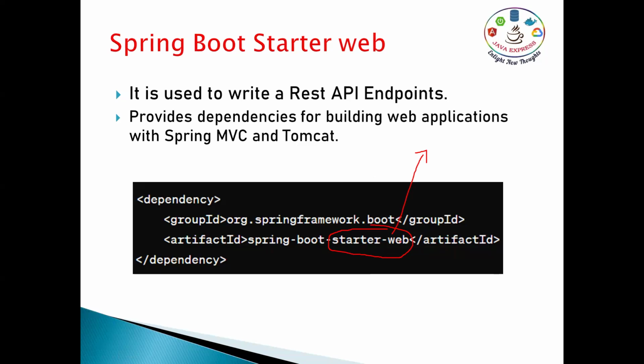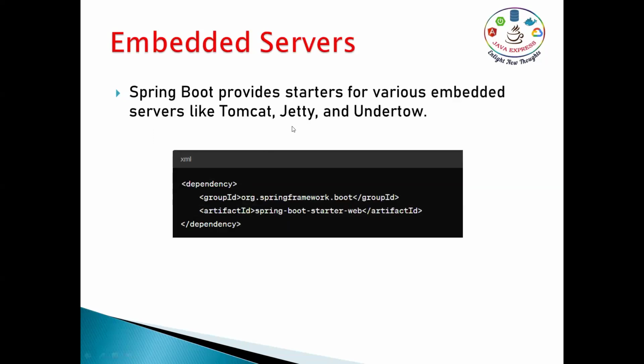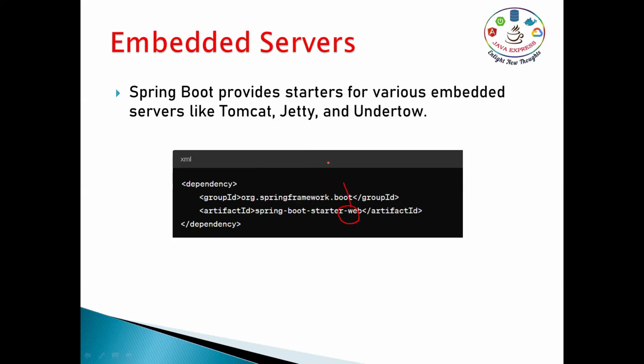Spring Boot also provides embedded servers: Tomcat, Jetty, and Undertow. By default, if you add the web dependency, Tomcat is added as the default web server. If you want to change it, by using exclusion tags we can switch to Jetty or Undertow.